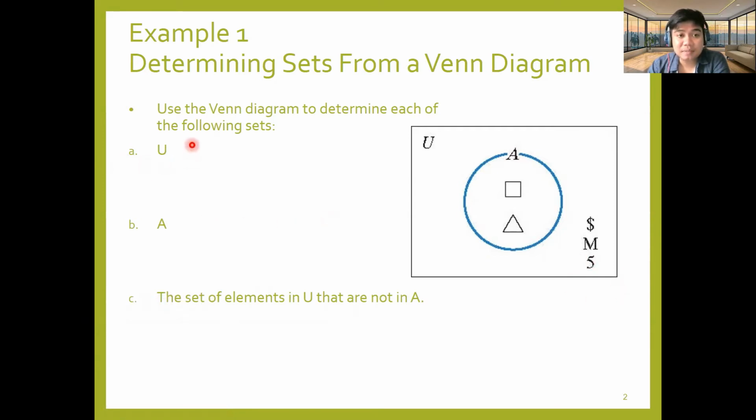So let us determine kung ano yung mga elements ng mga hinahanap natin dito: the universal set, the set A, and the set of elements in the universal set that are not in A.